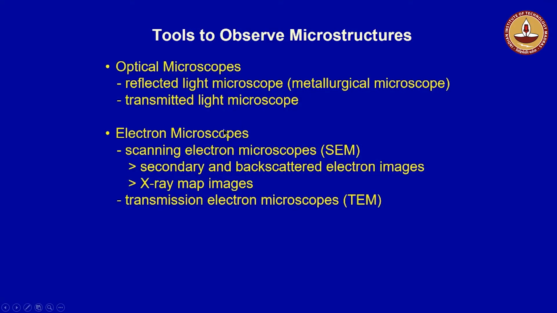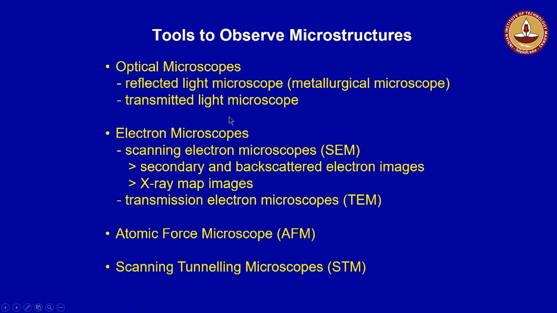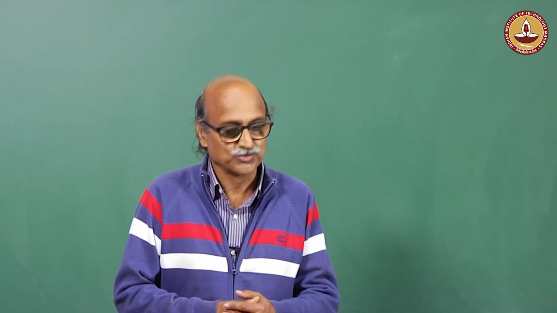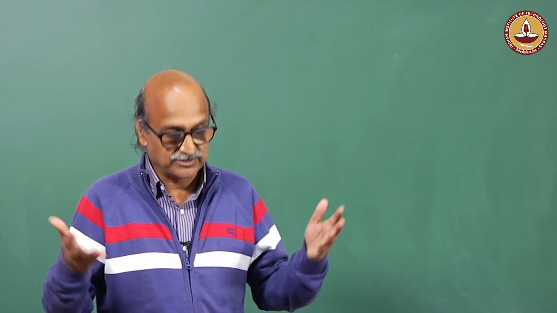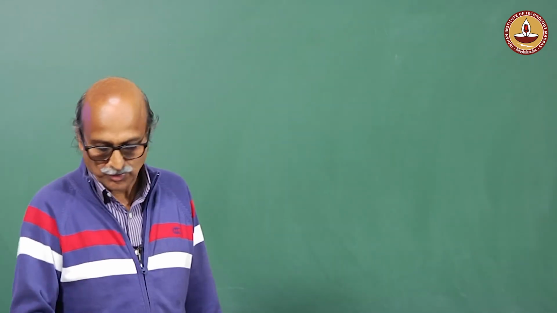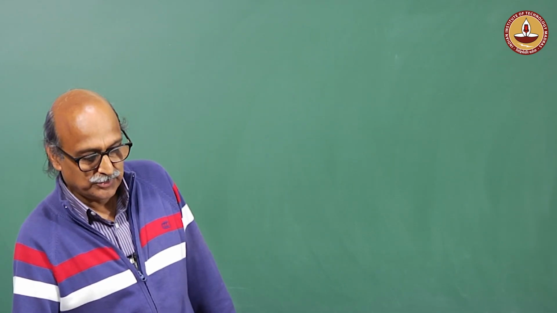Going to electron microscopes, you have scanning electron microscopes, where you can get secondary or backscattered electron images, even X-ray map images, or the transmission electron microscope, which becomes again a projected image. Then you have a plethora of other microscopy tools, such as the atomic force microscope, scanning tunneling microscope, etc. All of these will give me 2-dimensional images.